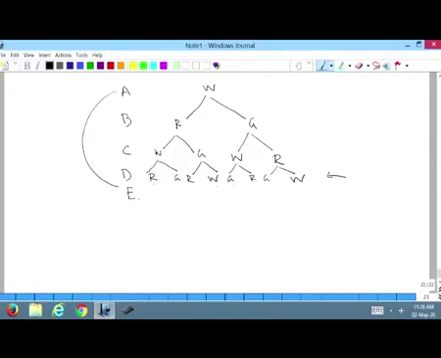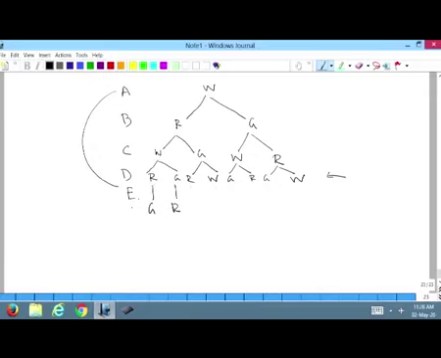Now, since D is red, E can get white or green, but E cannot get white because A has white. Therefore, in this case only green. If it is green, then in this case it can be only red.